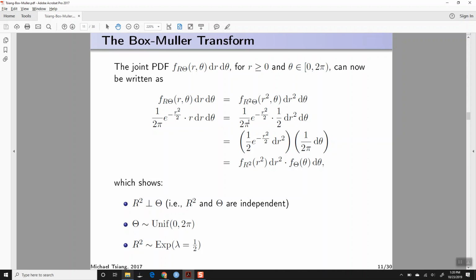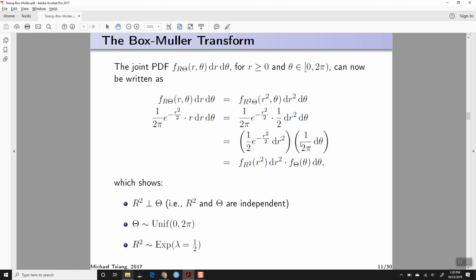So remember, this used to be the joint distribution of x and y as normally distributed variables. And then we changed the coordinates to r squared and theta. In your brain, just replace r squared with j or k or p or some other letter. So this is 1/2 e to the negative p over 2 dp, and this is 1 over 2 pi d theta.